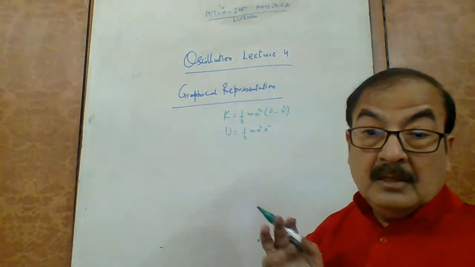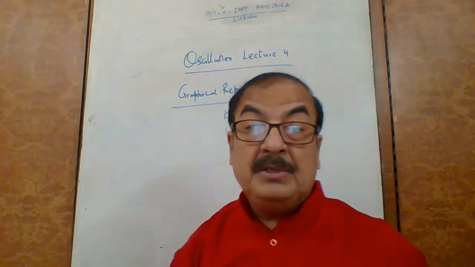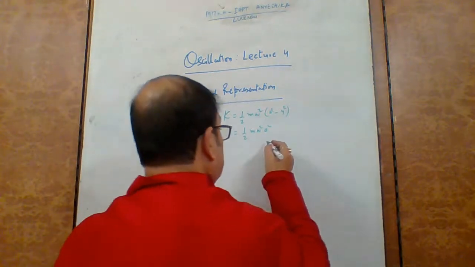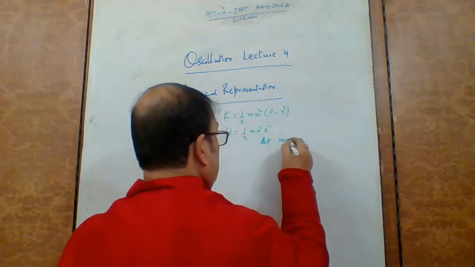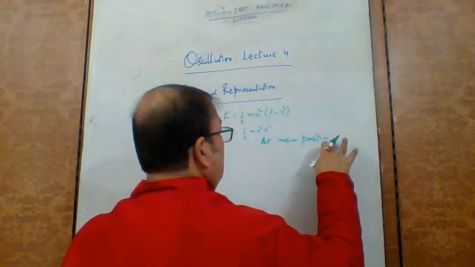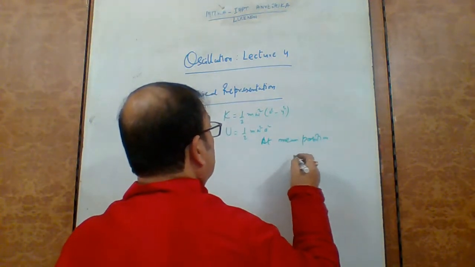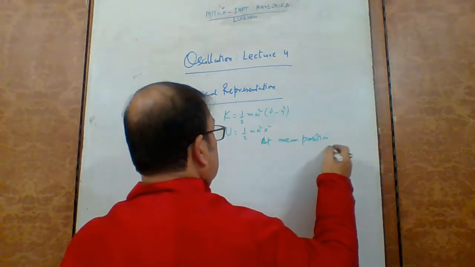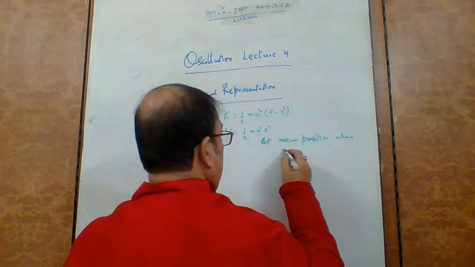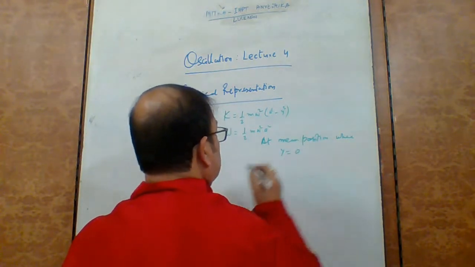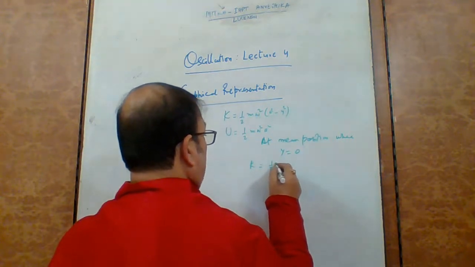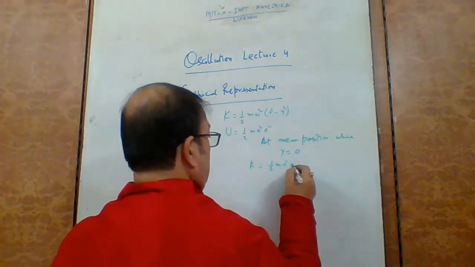ये क्लियर है. तो अगर मैं मीन पोजीशन बताऊं जहां पे डिस्प्लेसमेंट क्या है, जीरो. At mean position where displacement is zero, where we have y equal to 0, therefore K equals to half m omega square a square.